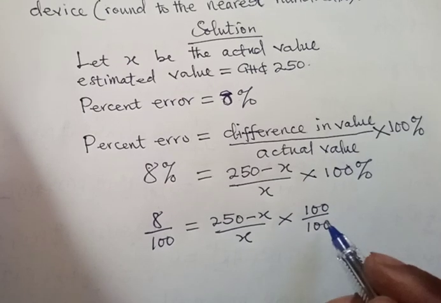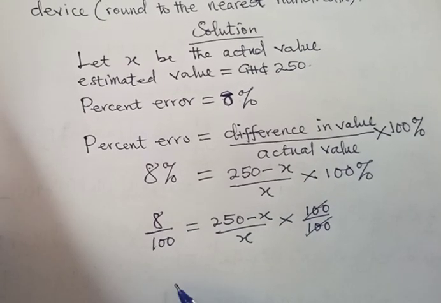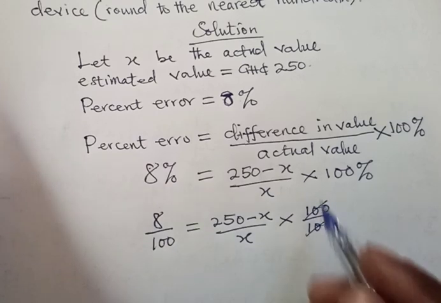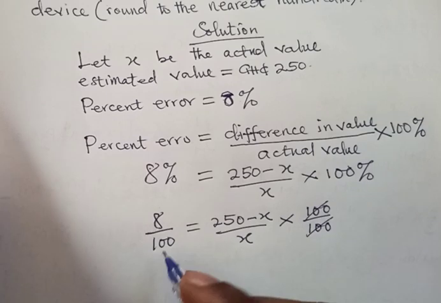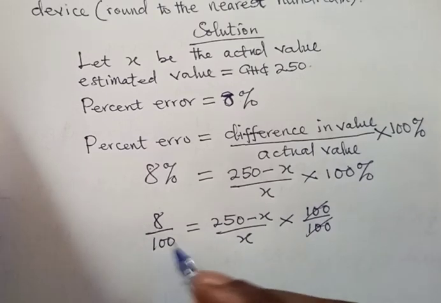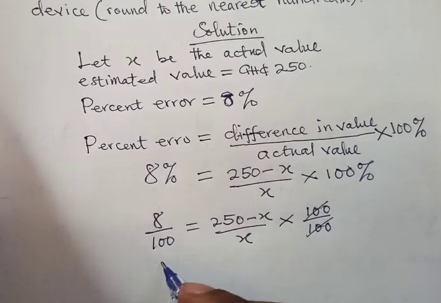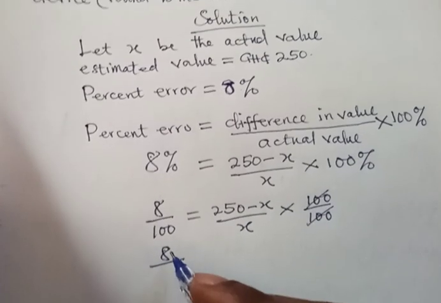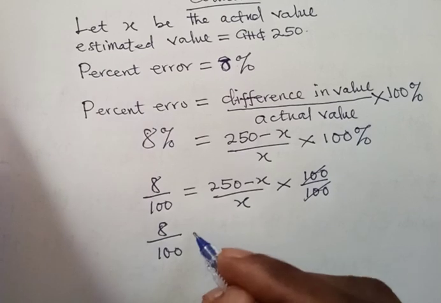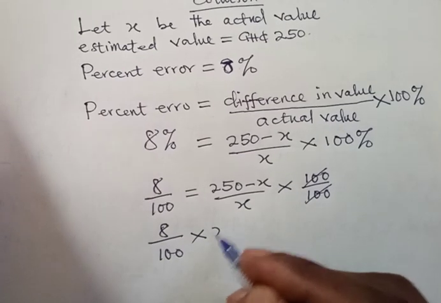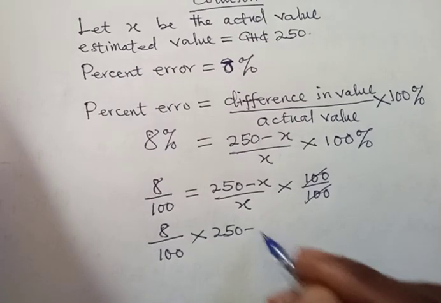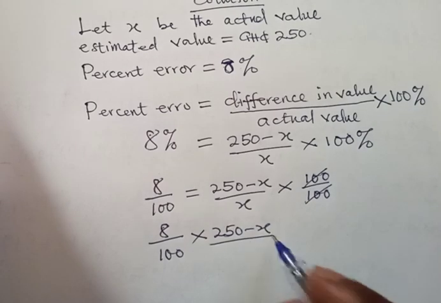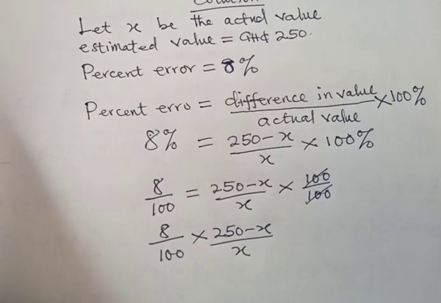So it means that this one will go. Have you gotten the point? It is leaving as 1, and 1 times this will still give us the same. So we have 8 divided by 100 times 250 minus x, all divided by x.